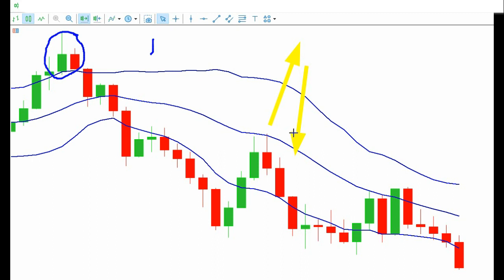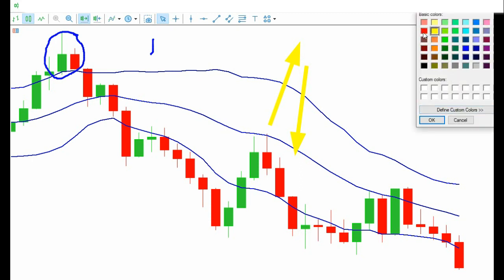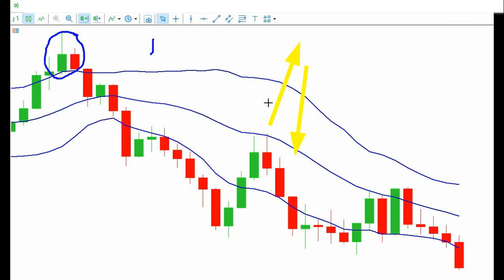And with this, you can never be consistent in profit taking. Take it from me. With that mindset, with that kind of trading pattern, you can never make any profit.